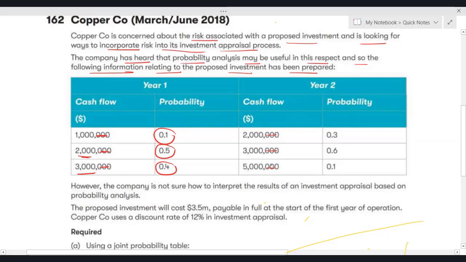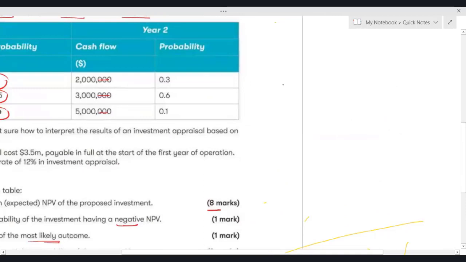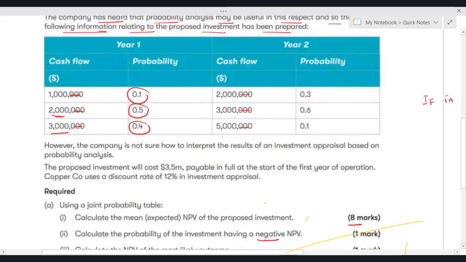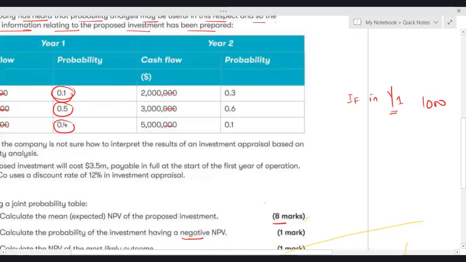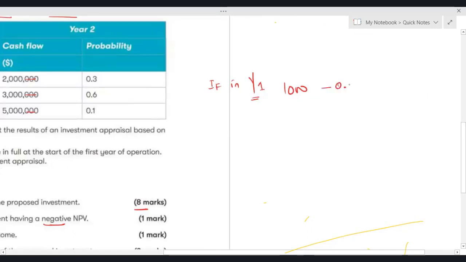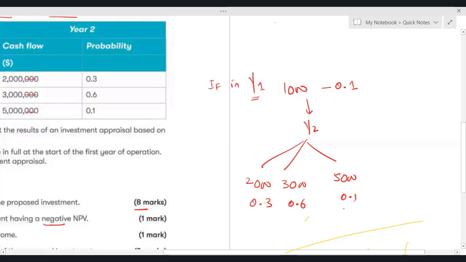Now, what is important? Try to understand that. See, if in year one the event of 1,000 occurs, which has a probability of 10%, then in year two there are three possible outcomes: 2,000, 3,000 as well as 5,000 with their respective probabilities of 30%, 60% or 10%.